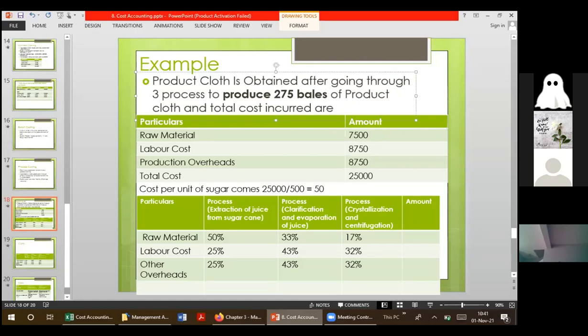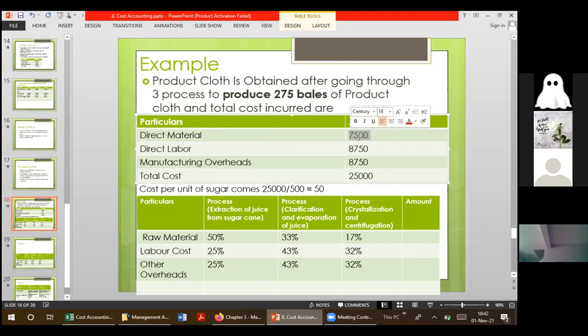So that is your unit. We have a direct material, direct labor, and manufacturing overheads. So we will change all of these.